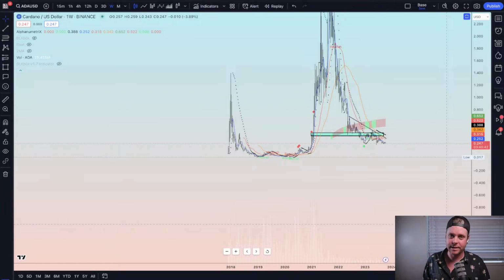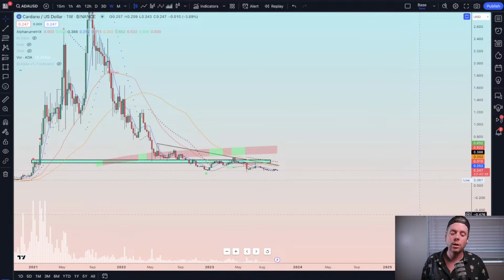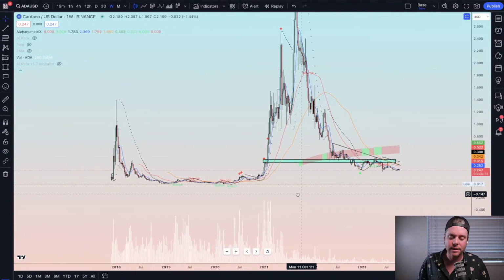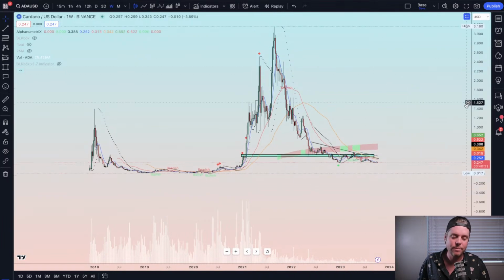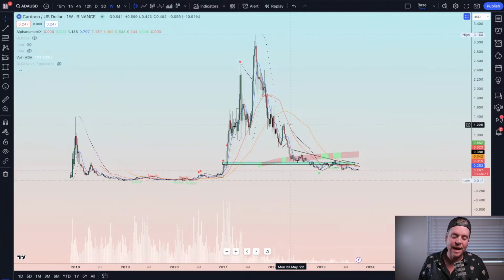I do maintain the thought that we do have a lot more time ahead of us as far as the altcoin space. And you can see, look at Cardano, it just matched the previous cycle. So why don't we go from this little blip here, this dead cat fake rally off of a support level, and match that up with what we saw here and just get a time-based expectation.